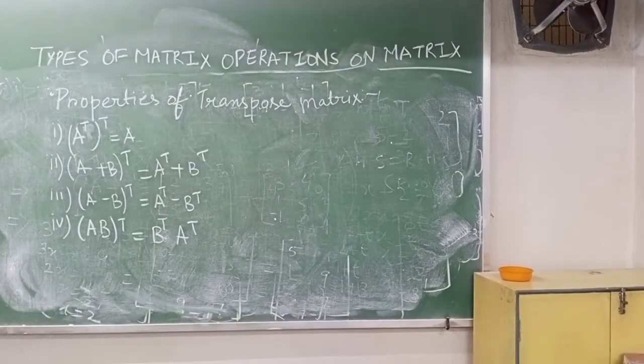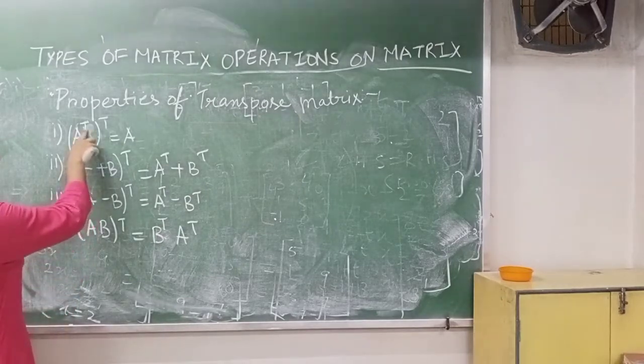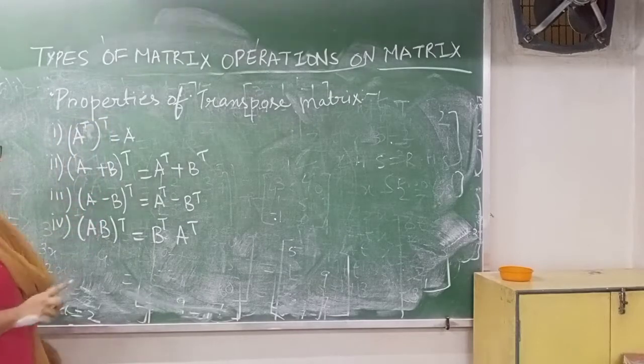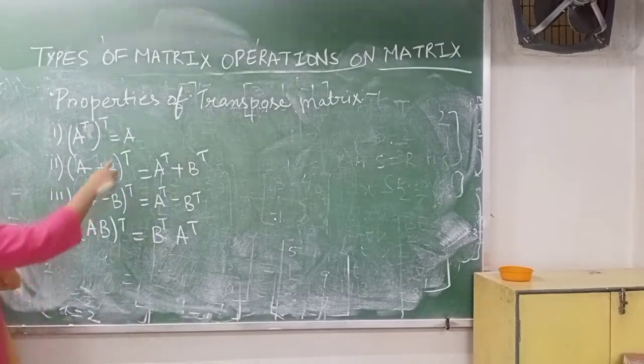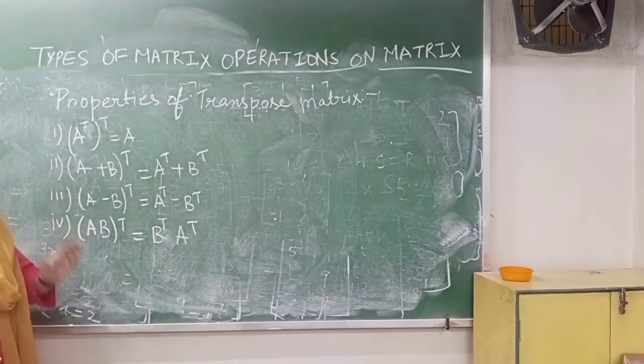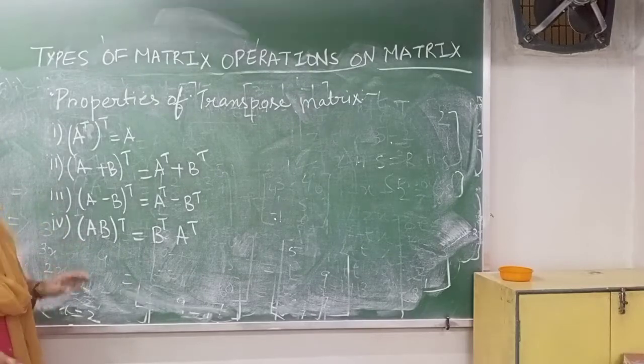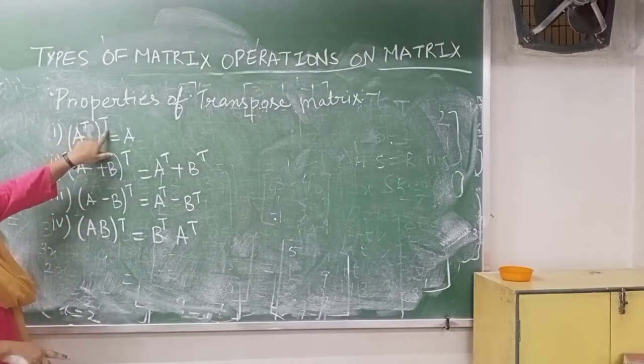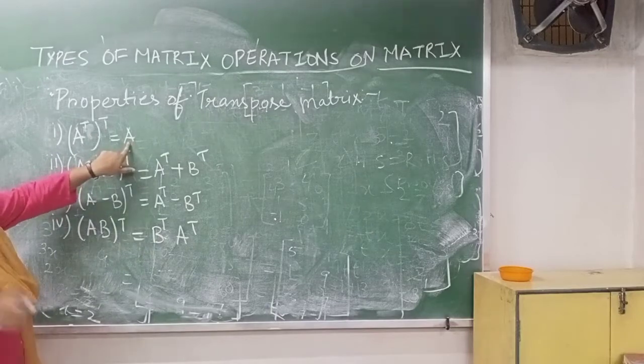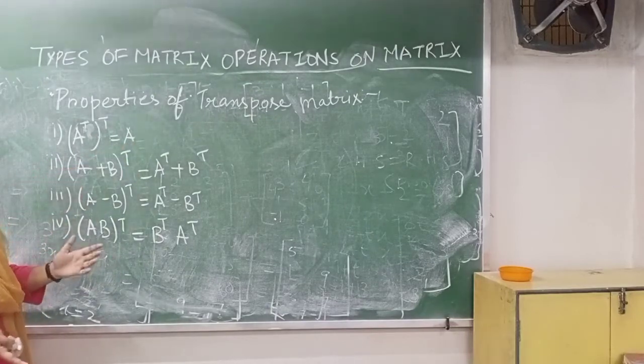Now Class 12, you can see the properties of transpose. There are 4 properties. A transpose, then again transpose: if you do it, you will get the same matrix as in the question, meaning if you do 2 times transpose of the same matrix, you get matrix A only.